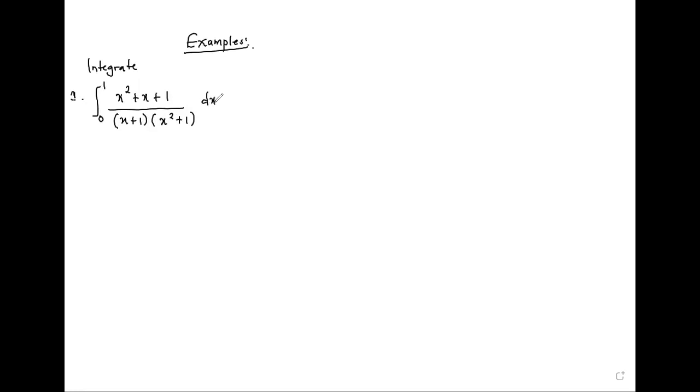Here, you can't use substitution. You can't use by parts. You need to use partial fractions. So you pick (x squared plus x plus 1) over (x plus 1)(x squared plus 1), and say this is A over x plus 1 plus (Bx plus C) over x squared plus 1.